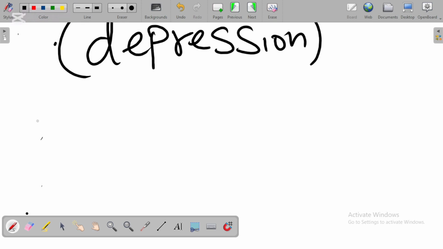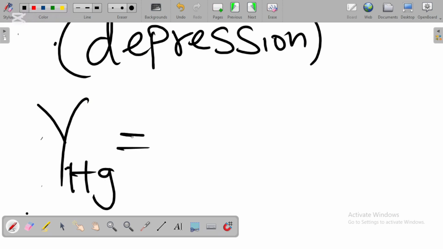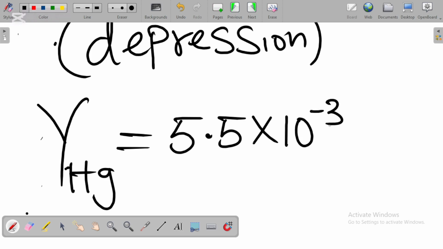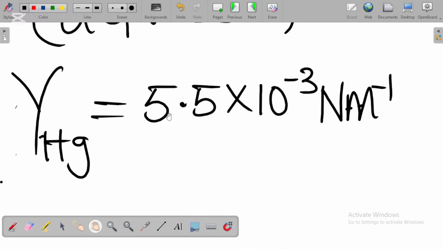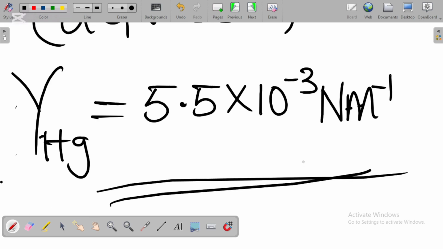Simply write your surface tension as 5.5 times 10 raised to power negative 3 Newton per meter. Alright, so simply write it this way. Instead of writing the negative, simply eliminate the negative and write 5.5 multiplied by 10 raised to power negative 3 Newton per meter. Alright, so this is the answer.